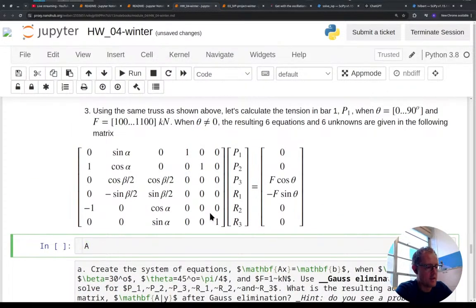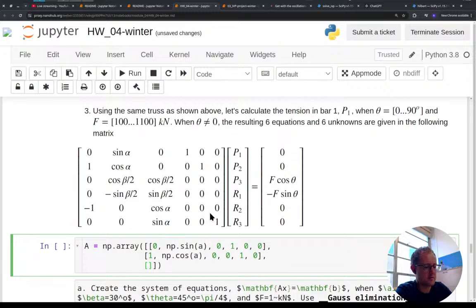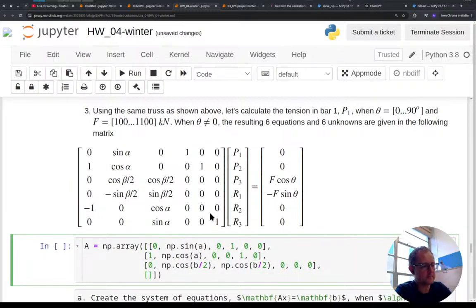So A is np.array of [0, np.sin(A), 0, 1, 0, 0], now [1, np.cos(A), 0, 0, 1, 0], [0, 0, np.cos(B/2), np.cos(B/2), 0, 0], [0, 0, -np.sin(B/2), positive np.sin(B/2), 0, 0].